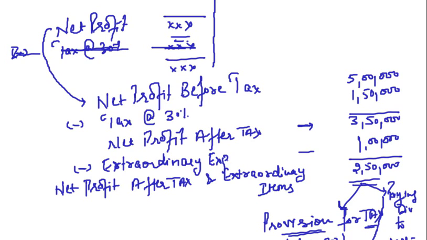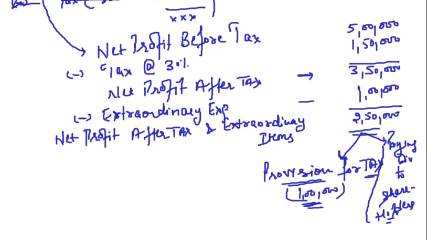But during the year, there was an extraordinary expense, right? 1 lakh. So what is the amount left in my pocket? 2,50,000. Now this 2,50,000, I can use it in various ways. I can create a provision for tax for the next year, right? I can pay dividend to the equity shareholders, or I can do it in any other way.